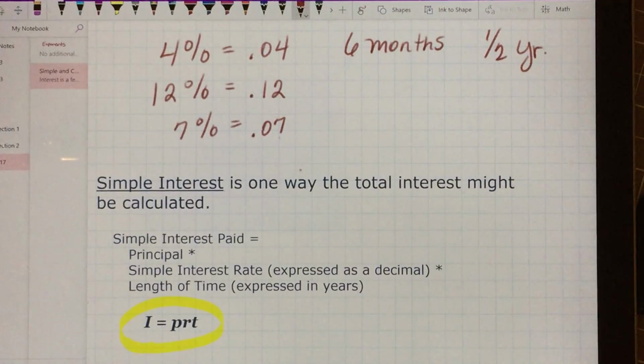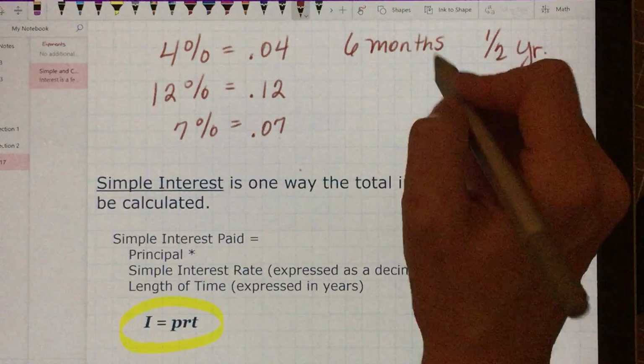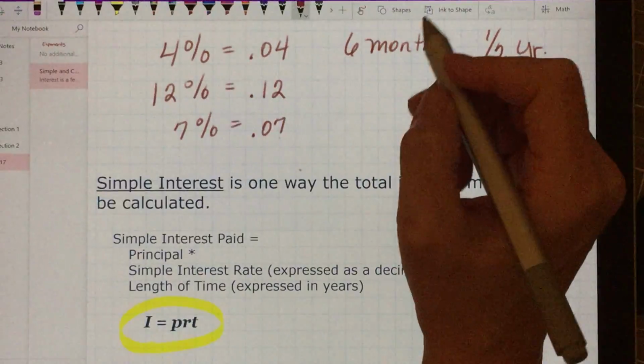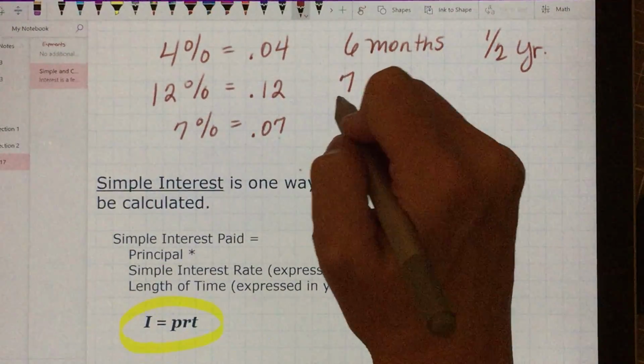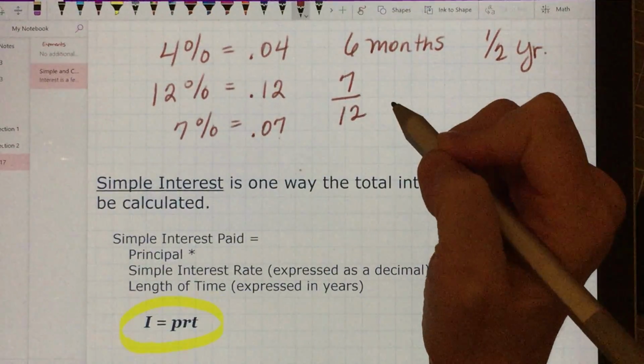But to get your time in terms of years, you take the number of months, say your loan was 7 months, the length of the loan, divided by 12.